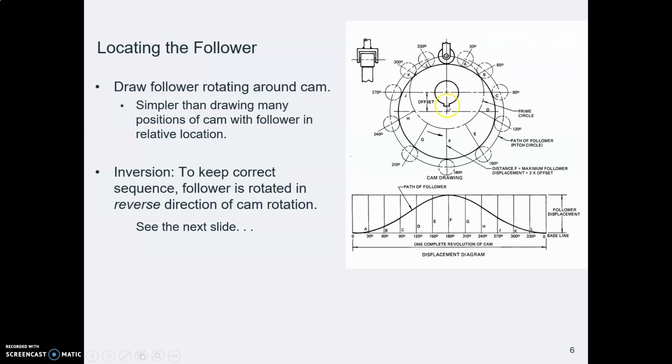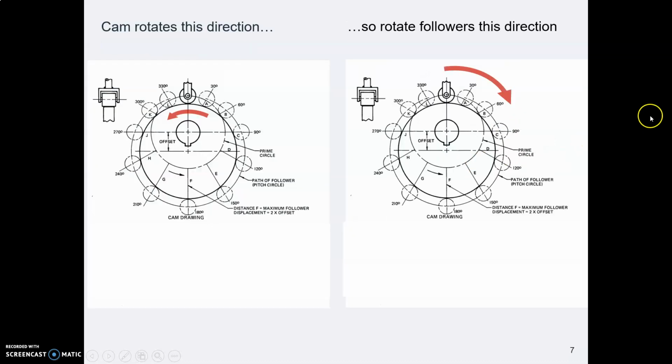Here's the thing. The CAM rotates in one direction, like let's say the CAM is rotating counterclockwise. That means the followers will be essentially marching around the outside in a clockwise direction. So here I've tried to illustrate that with an arrow.